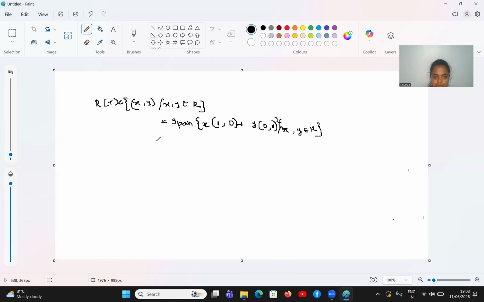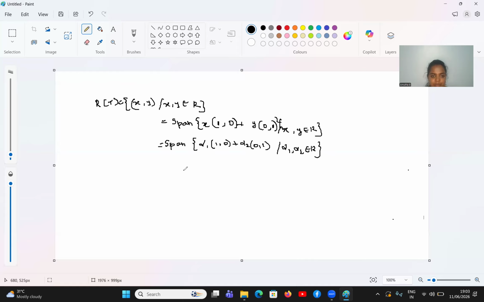Now, what are all the vectors? Spanning set. How can we always write a spanning set? Alpha 1 times (1 comma 0) plus alpha 2 times (0 comma 1). In place of alpha 1, alpha 2, we have X comma Y. That is no problem actually.